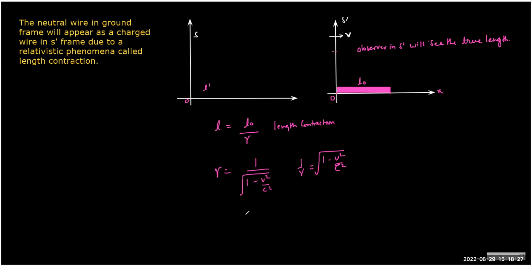Now length contraction is very interesting because if you go back to the previous case, so this is the current carrying wire, and we have a frame.